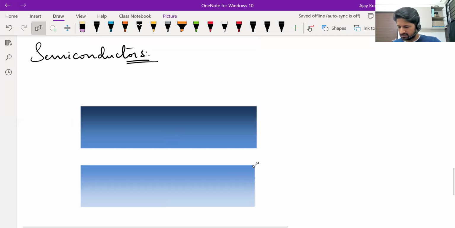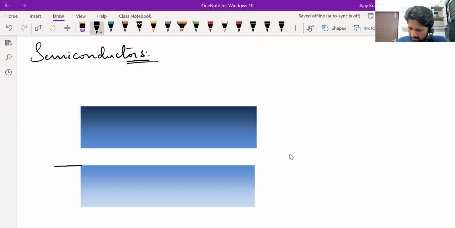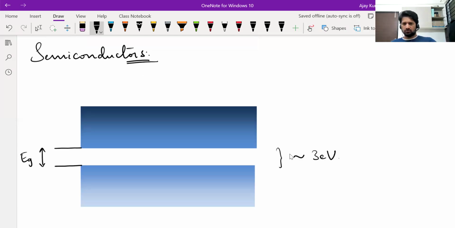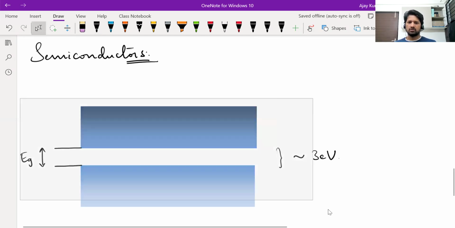There is a gap, but it's a small gap. The highest energy level of the valence band and the lowest energy level of the conduction band have a very small difference between them. That energy gap is approximately 3 electron volts. Not the same for all semiconductors, but on average, it is around 3 electron volts.